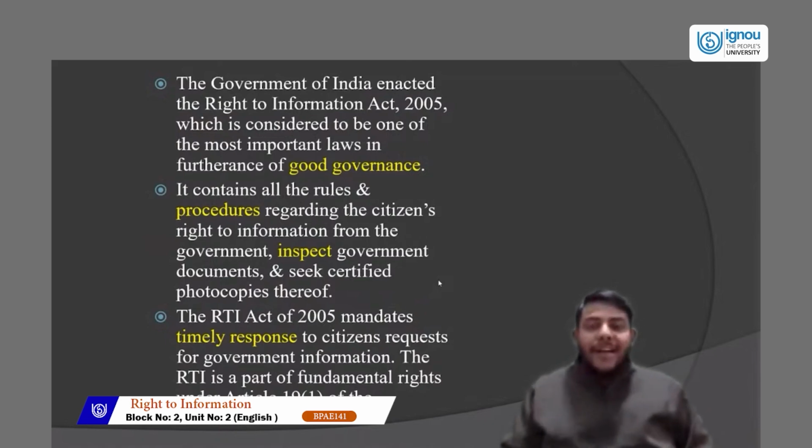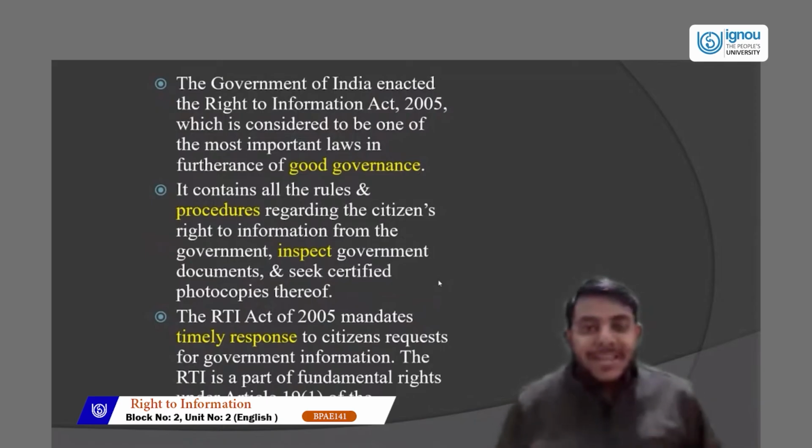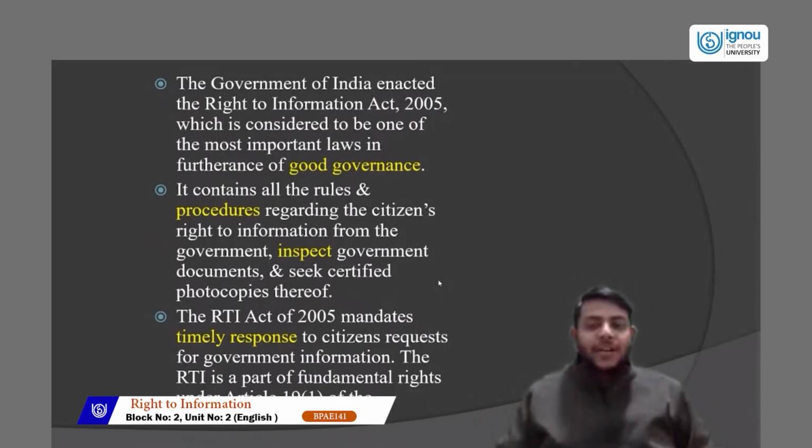Now, the government of India in 2005 enacted this very important and watershed legislation, the RTI Act of 2005, which is considered to be a paradigm shift, as I've already discussed. And it is considered the most important law in promoting good governance in India.